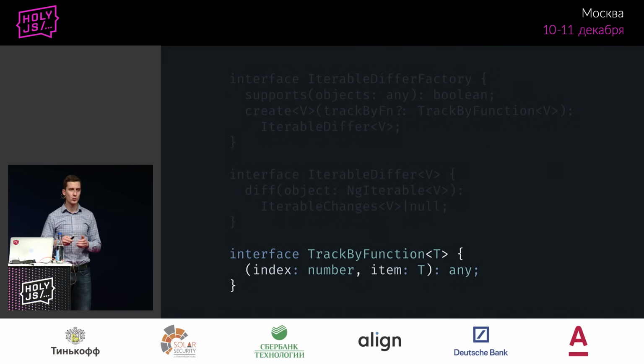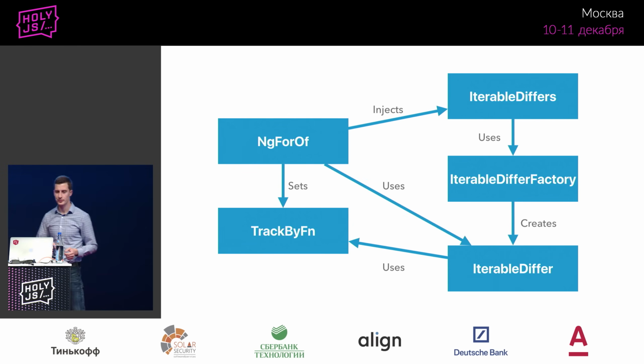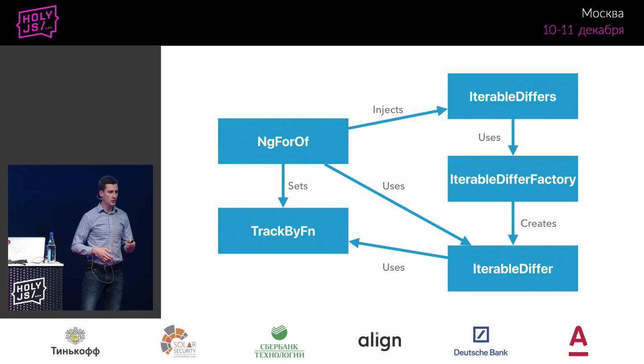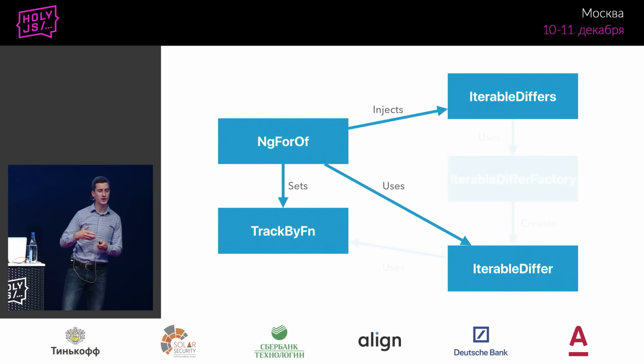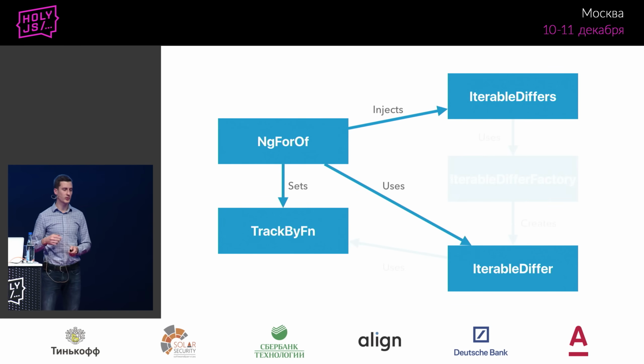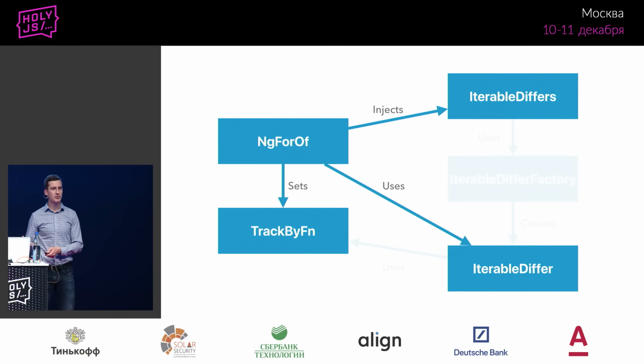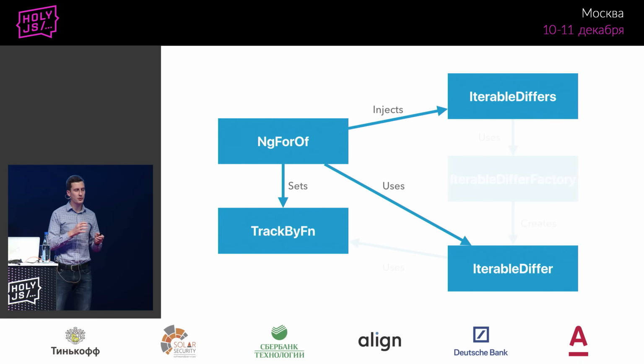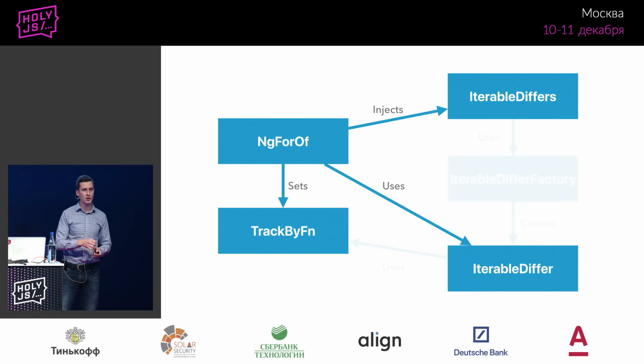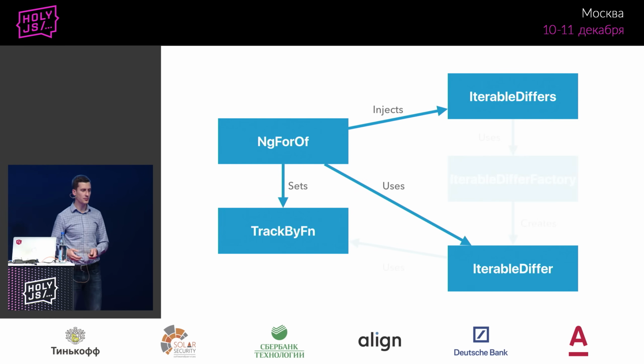Before that, let's see what the relation between these individual concepts is. So we have the ngFor directive, which gets the IterableDiffers injected as an argument to its constructor. It also uses the IterableDiffer in order to find out what the difference is between the current object we are iterating over compared to its previous value.